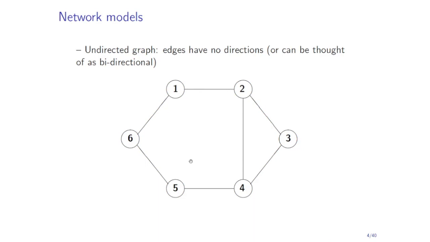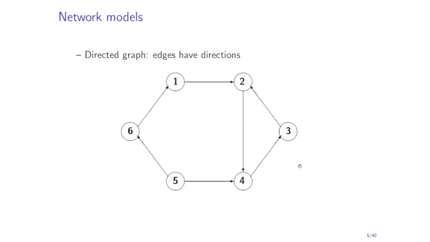As I said, the other category is the directed graph, which we also call a D-graph. Intuitively, a directed graph is a graph in which every edge has a direction. In this graph, for example, it is possible to go from 6 to 1, but it is not possible to come back directly from 1 to 6.